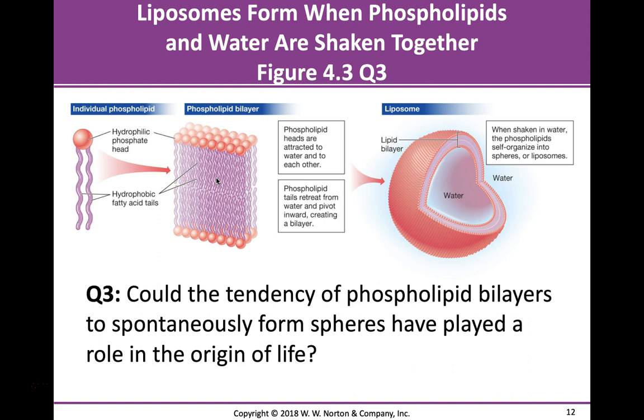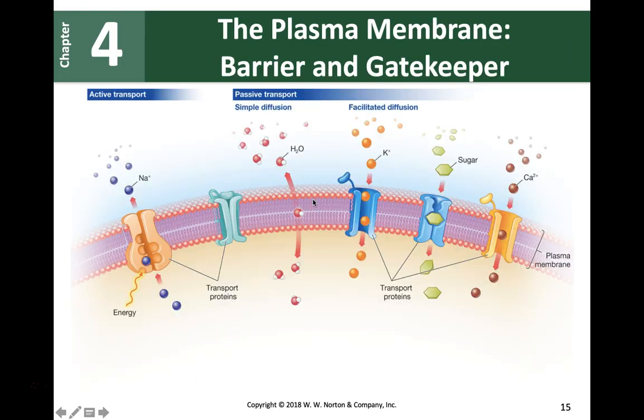So if you take Na+, Na+ has a charge on it. Charged particles are happy with water, but they're not happy with fat. So a charged particle will not be able to pass through this membrane. That's why it needs a special structure. So let's see those structures. These are those structures, guys.